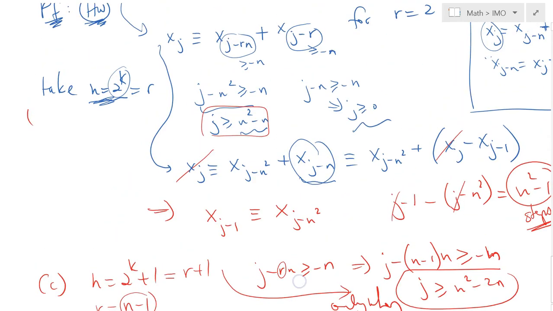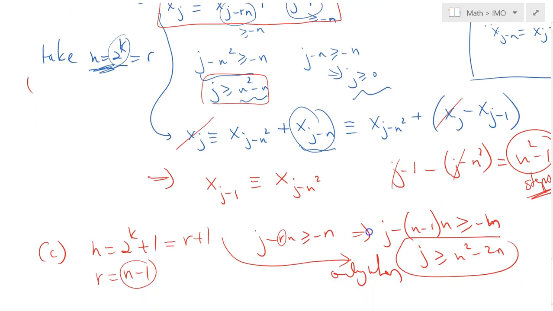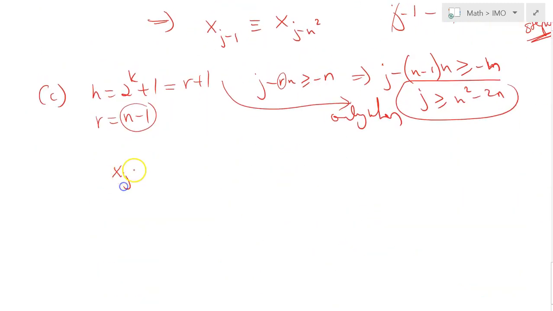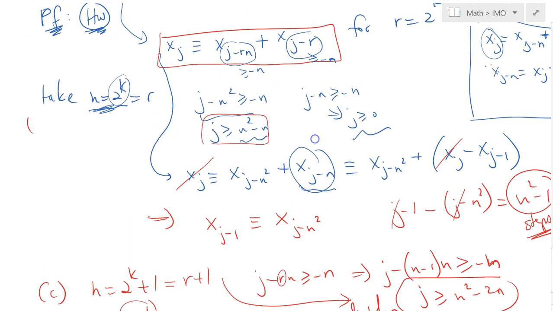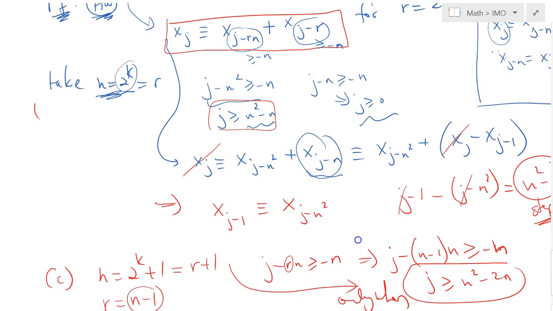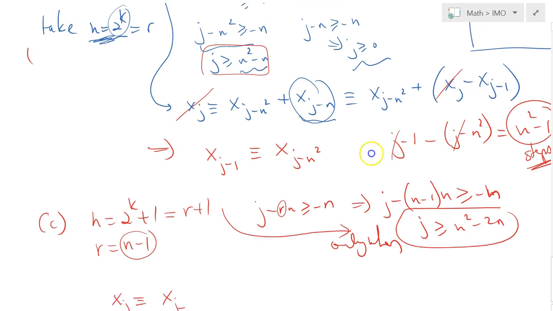Okay, let's go back to our expression. In this expression here, we will again replace r with n minus 1. So therefore, x sub j is congruent to x sub j minus, replace r with n minus 1, n squared, so minus n squared plus, let's just replace r over there.